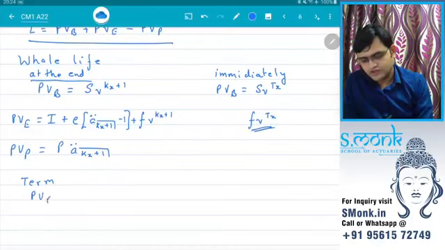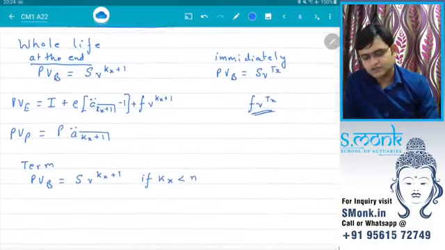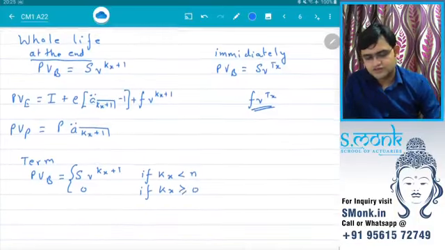So present value of benefit will just be s v raised to kx plus 1 only if kx, so let's say if kx was less than n. If kx was less than n, then this. Otherwise we have 0. If kx is greater or equal to n, then we will be paying nothing.